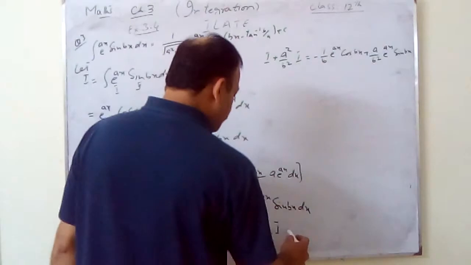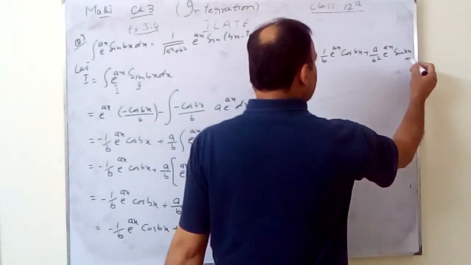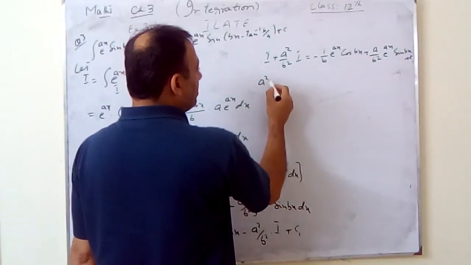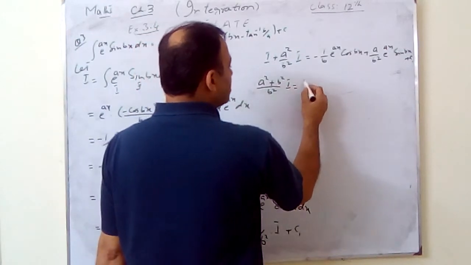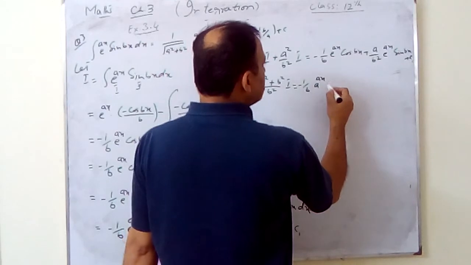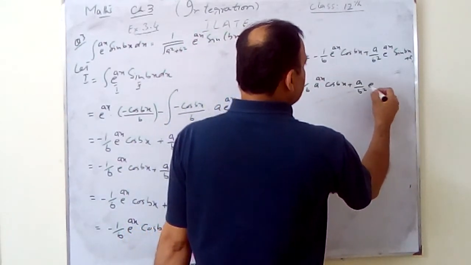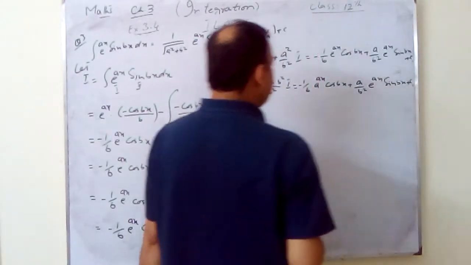Here, if you want, you may write c1, which will remain there throughout. So a square plus b square over b square into I is equal to minus 1 over b e power ax cos bx plus a over b square e power ax sin bx plus c1.